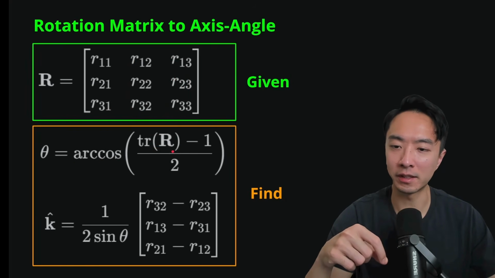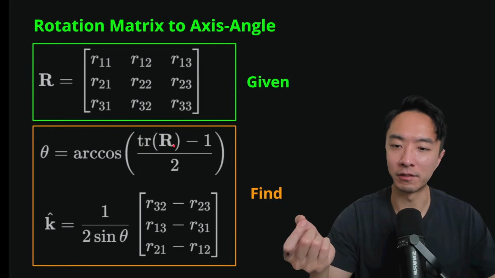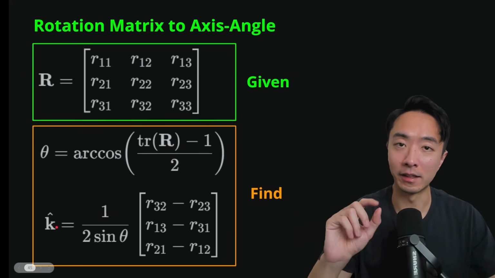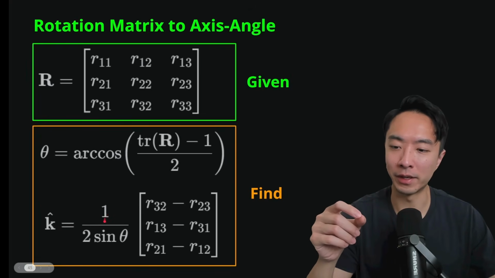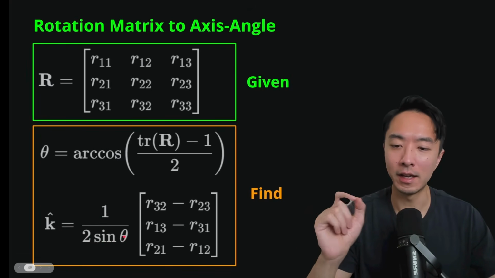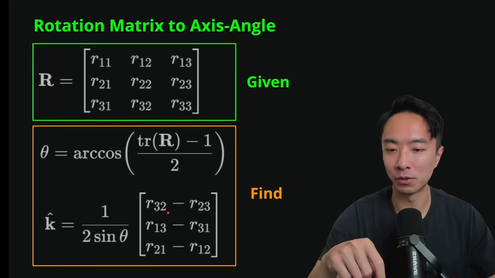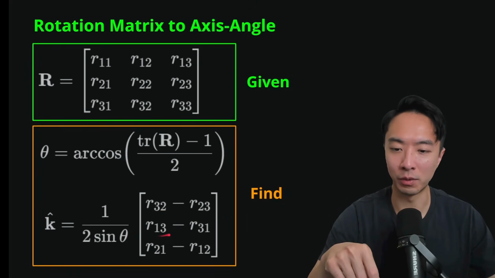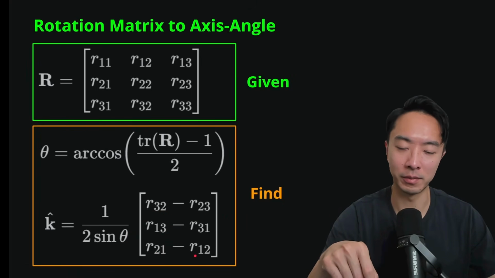For cosine theta, you have the trace of the rotation matrix minus 1, divided by 2. And the actual axis is found by 1 divided by 2 times sine of theta, times r32 minus r23, r13 minus r31, r21 minus r12.